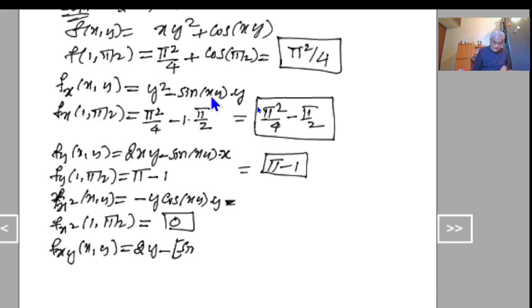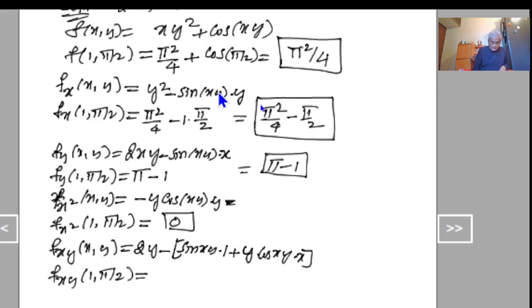First function is sin xy into y derivative is 1, plus second function is y, derivative of sine is cos, cos xy into derivative of xy with respect to y, which is x.